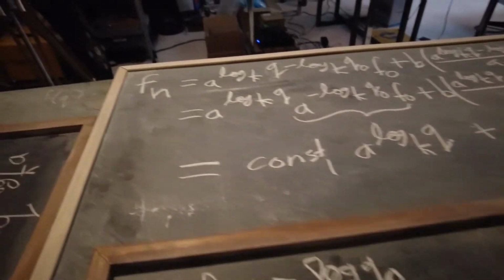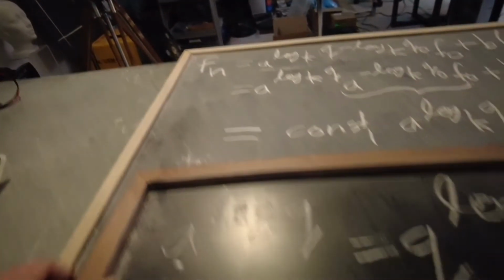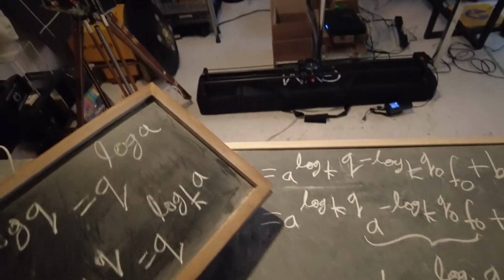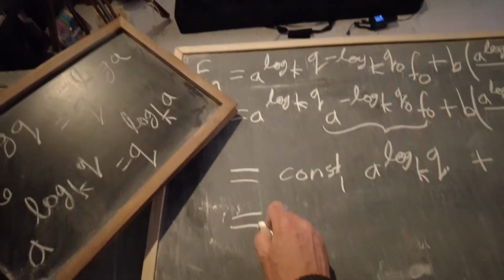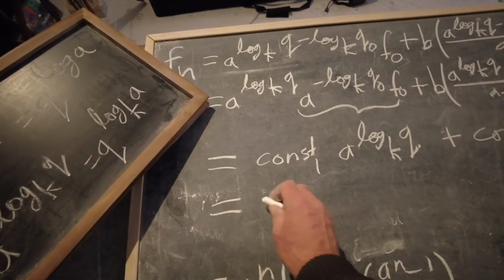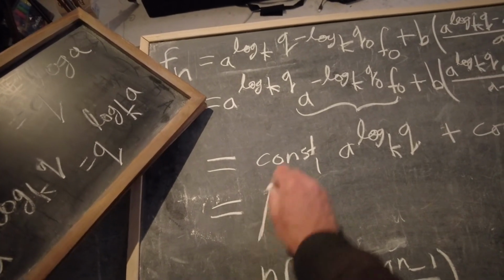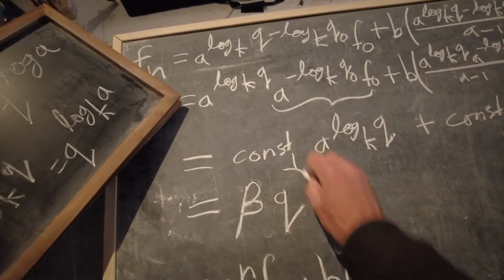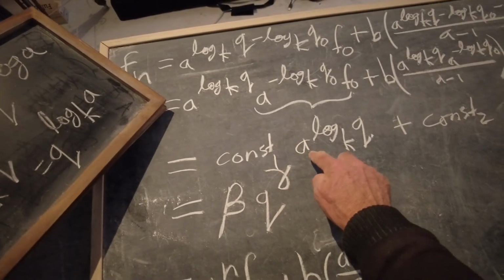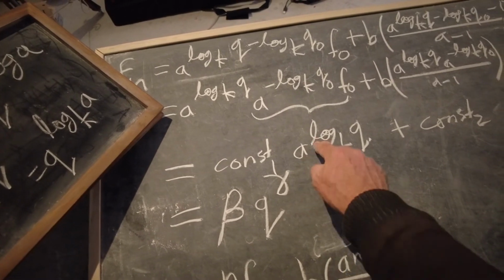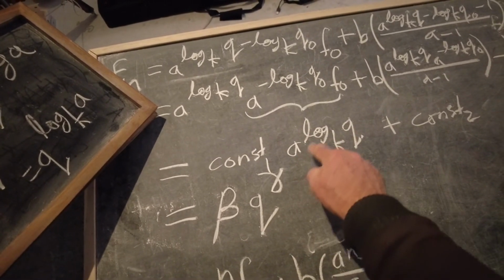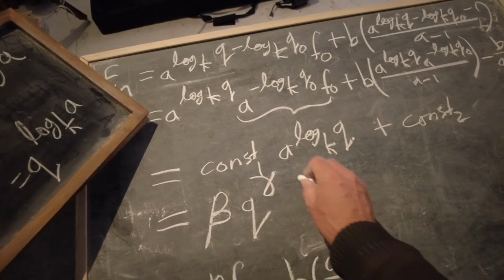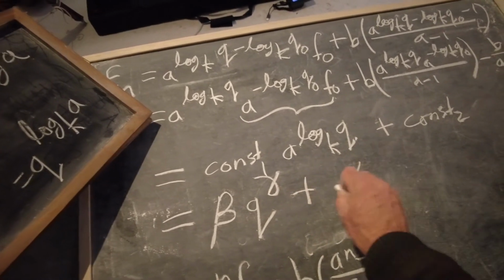And if we take what we had before, namely the logarithms, then you can see this is of the form, let's choose for this constant beta, and this is q to the gamma, where we take a to the log k of q equal to q to the log k of a, and let log k of a equal gamma plus alpha.